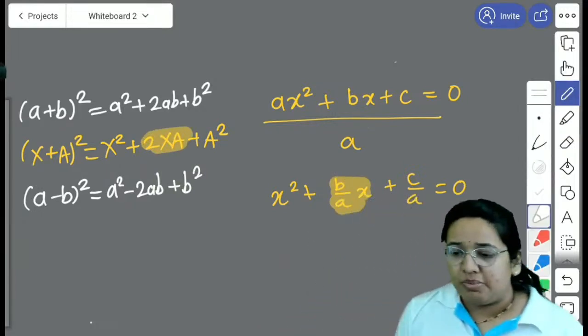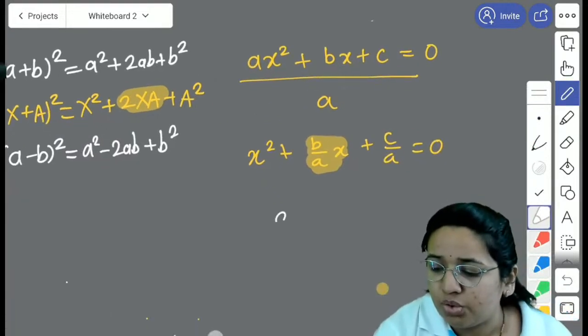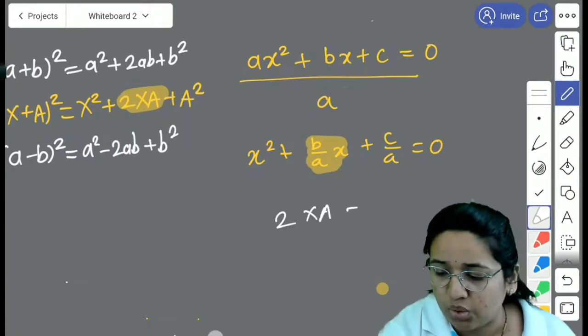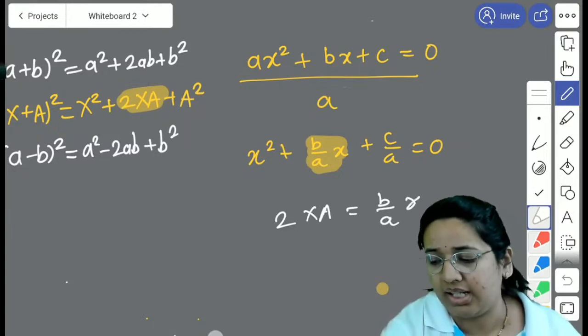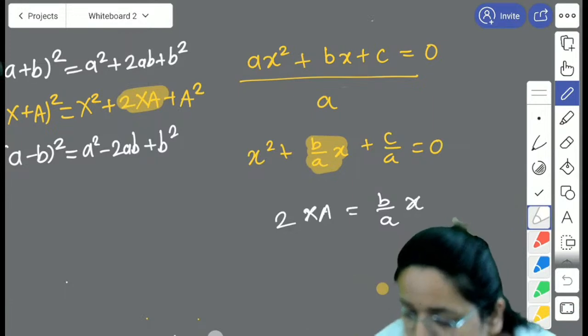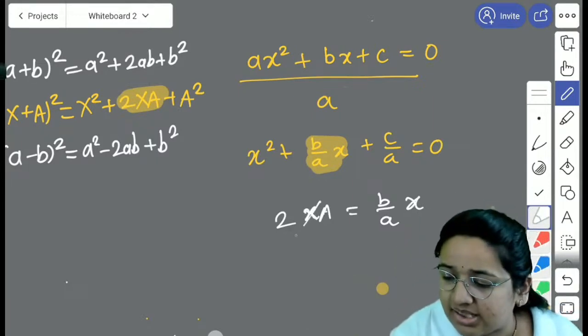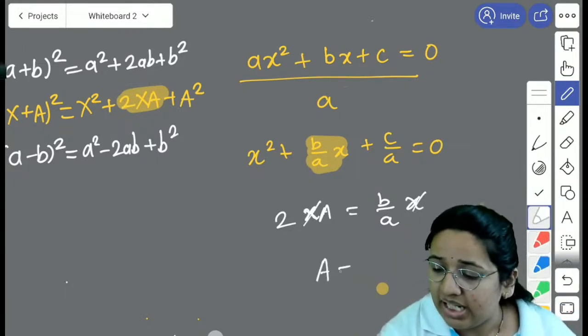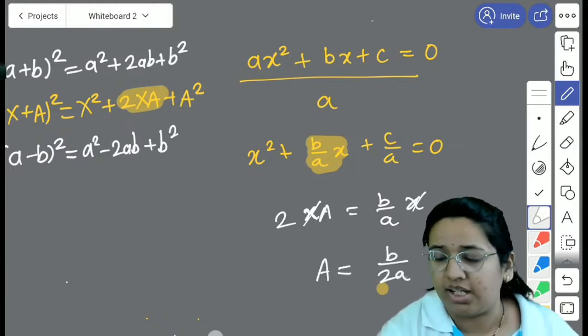It means that I am getting 2 times xa equals b upon a times x. Suppose this is the small x, so I can cancel this out so that you will get a as b upon 2a.